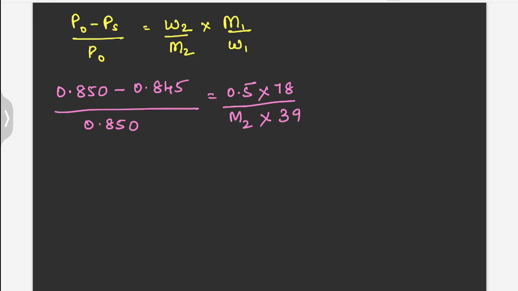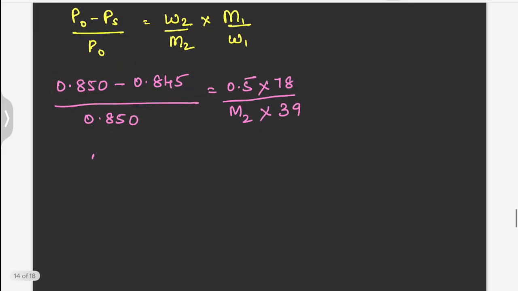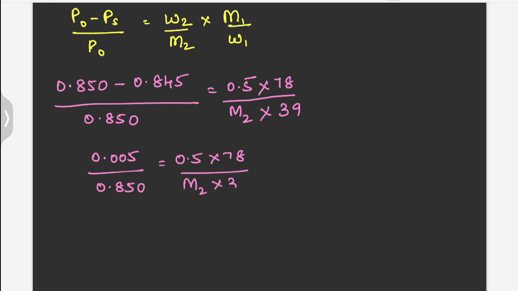So we have substituted. In the next step, first we will subtract this. When you subtract this you will be getting 0.005 divided by 0.850 is equal to 0.5 into 78 divided by M2 into 39.